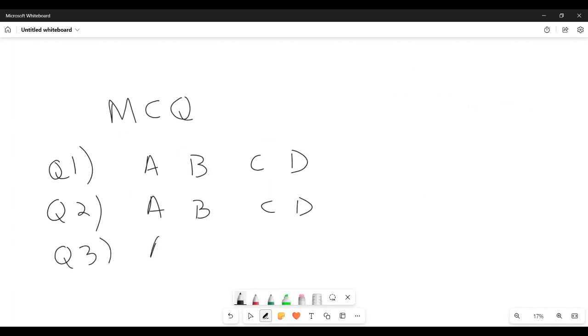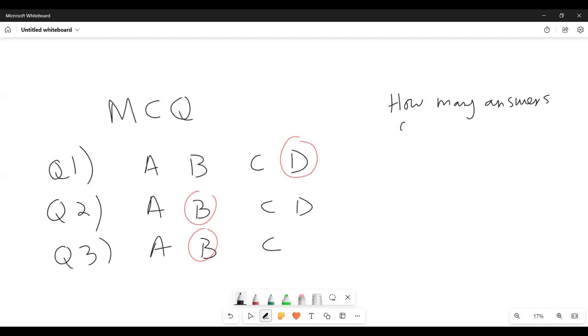Question 3 की ऑप्शंस हैं ABC. तो इनमें से एक अरेंजमेंट हो सकती है. क्वेश्चन ये है कि टोटल कितनी अरेंजमेंट पॉसिबल है आंसर्स की. How many answers are possible.